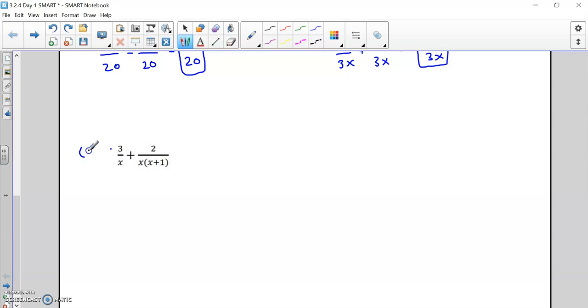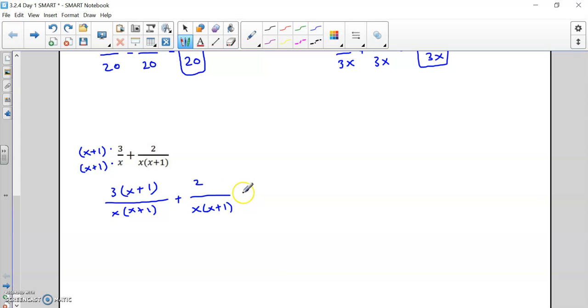So all we have to do is multiply the top and bottom by x plus 1. Okay, and that's going to give us 3 times x plus 1 on the top. And on the bottom, we will have x times x plus 1. So that's what our left fraction turns into. On the right, it's not going to change because just like the last problem, it already has everything it needed.